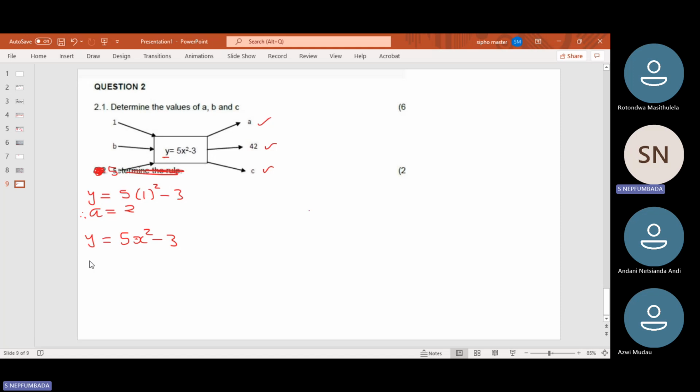Therefore, y should be 42. Number 42, 3 changing plus. There is equals to 5x to the power 2. 45 is equals to 5x to the power 2. Therefore, I divide by 5, and we get x squared equals 9.